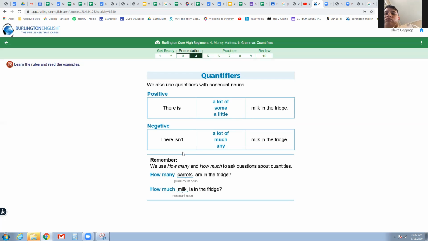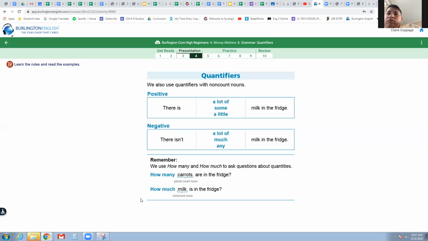And the same in the negative, we can also say there isn't a lot of milk or there isn't much. So this is special to non-count nouns. Usamos la palabra much solo con los sustantivos que no podemos contar. And then any is a word that we use in the negative too. There isn't any milk. Okay.